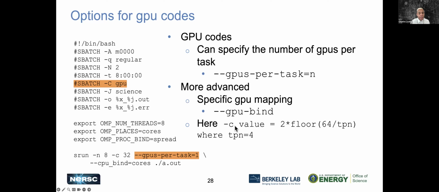Again, with this, our C value changes for GPUs. So now our MPI tasks per node would be 4 here. So those are different constraints to consider if you're going to use a GPU-enabled code that also makes use of OpenMP and other parallel libraries as well.